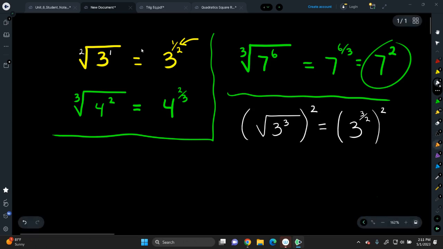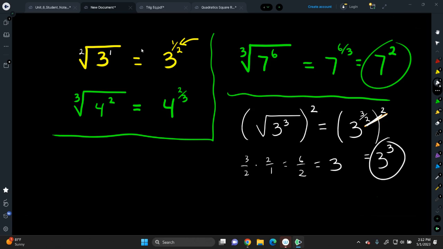Now, what do we do when we multiply exponents like this? I just said it. We multiply the exponents. So what's 3/2 times 2 over 1? 6 over 2, which equals 3. So what does this equal? 3 to the power of 3.